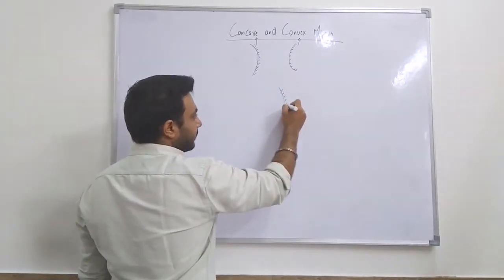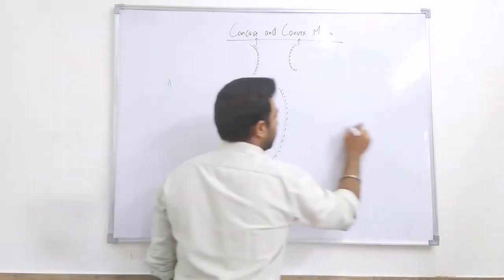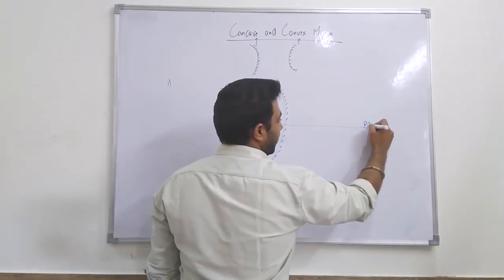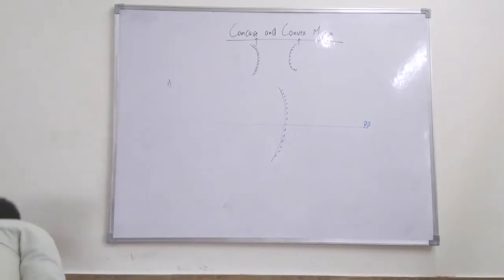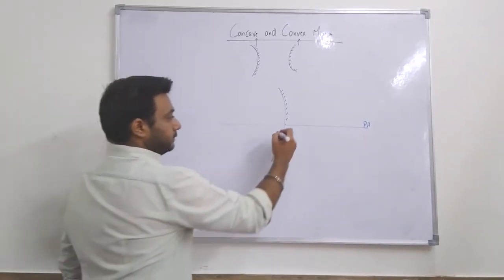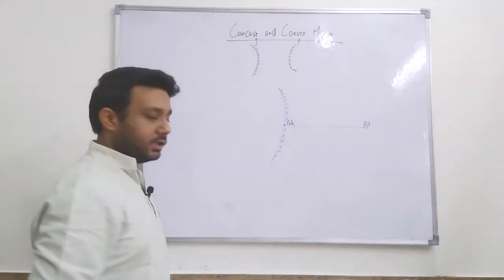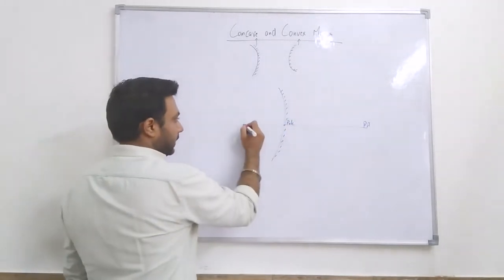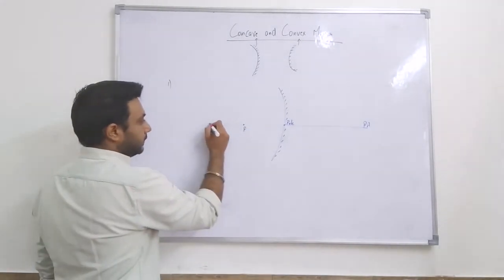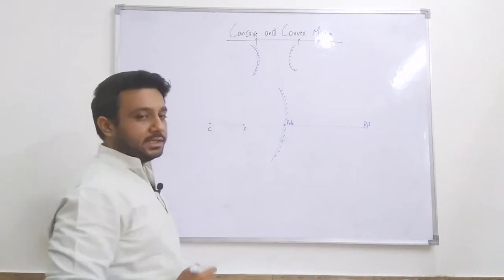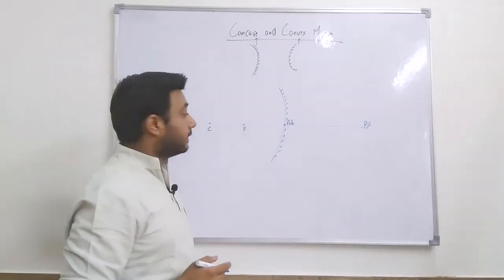if this is a concave mirror, this is the principal axis, this is the pole, this point is called the focus, you already know, and this point is called the center of curvature, as we have seen earlier.